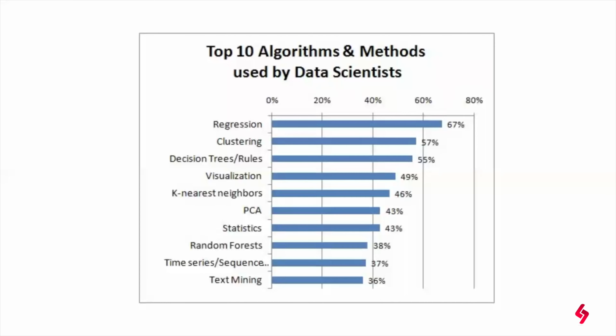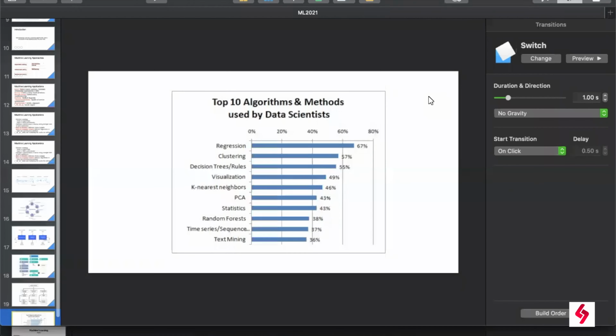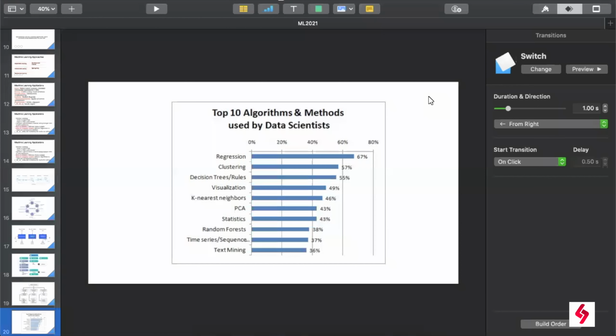Regression is the first one, and clustering is next. Decision tree, visualization, k-nearest neighbors, and PCA, which is principal component analysis, statistics, random forest, time series problems, text mining. So these are the top 10 algorithms data scientists have chosen, and these are some of the information I've shared with you.